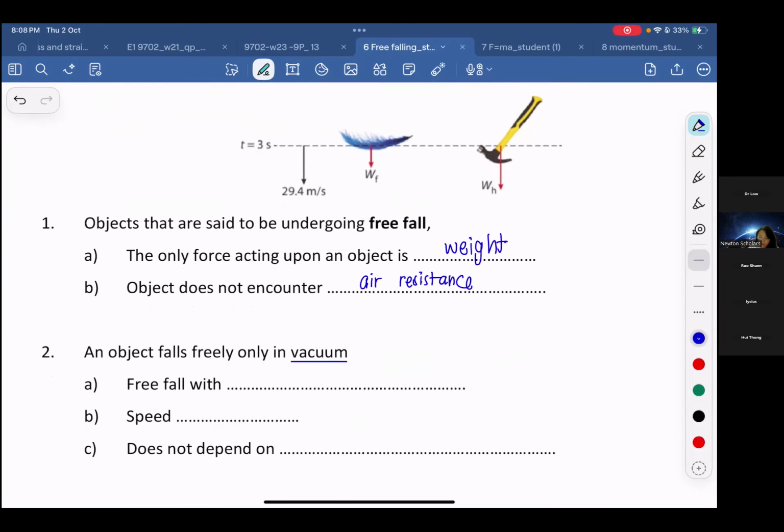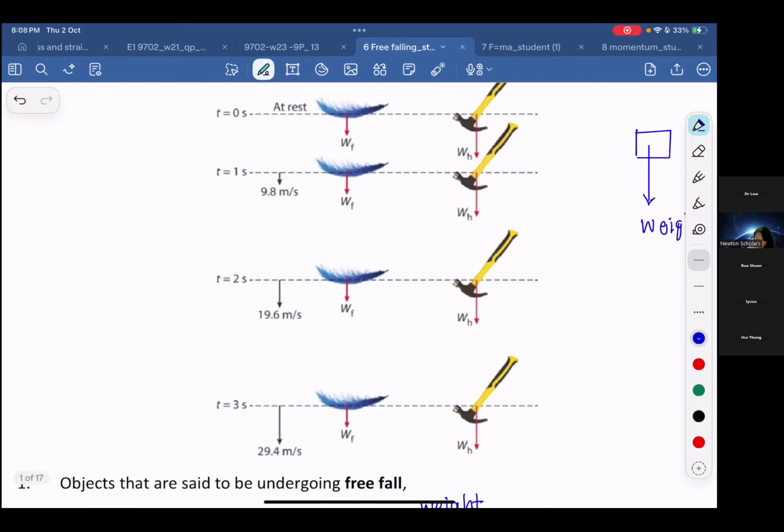How do they fall? Look here, at t equals 0 seconds and t equals 1 second. Initially, u equals 0. Then after that, v becomes 9.8 meters per second. So if I calculate it, every 1 second they increase by 9.8 meters per second.